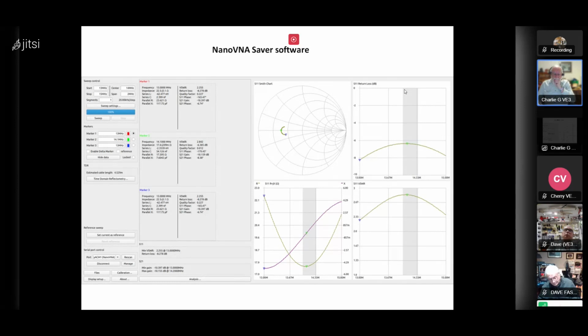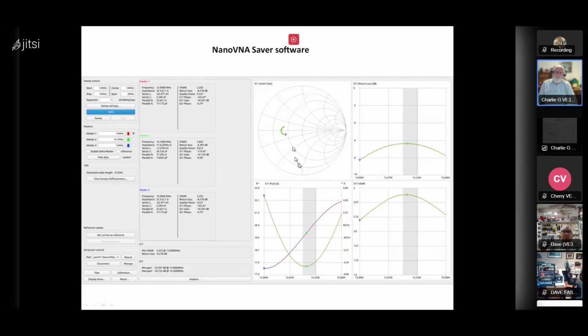So we can probably have a bit of a debate about which of these things are most useful, but for me the most useful part of these measurements and displays is the Smith chart, and the NanoVNA does an impedance Smith chart.